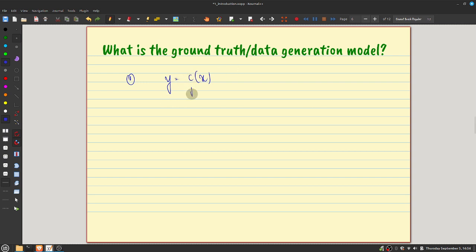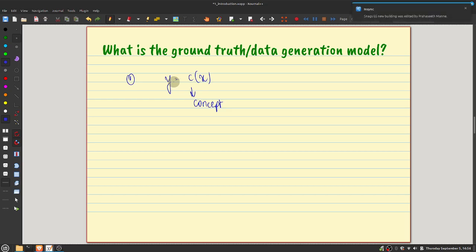So this function C is sometimes called a concept. All right, now C could be any arbitrary function from the domain to the set of labels.